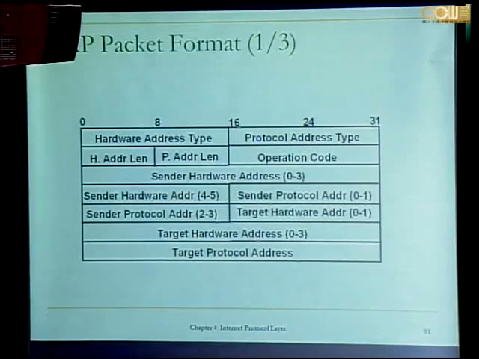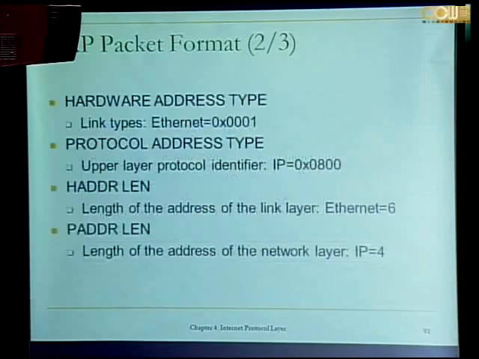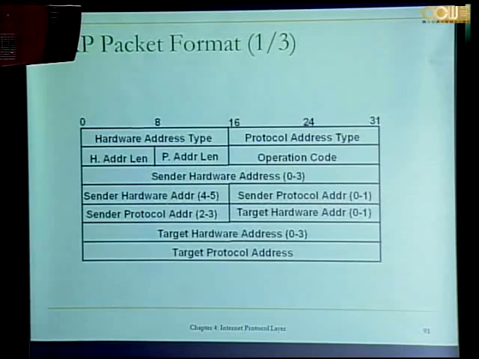So I'm sending the ARP request, and I fill up the IP address of the target, and the target host would reply and fill in the MAC address. So when I receive it, I know its MAC address.